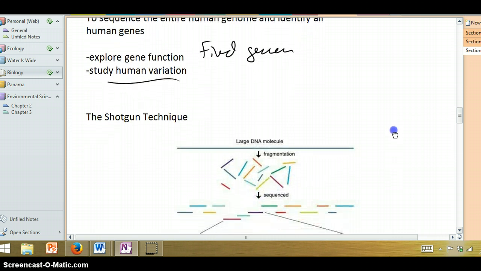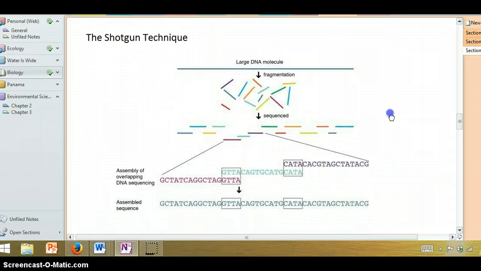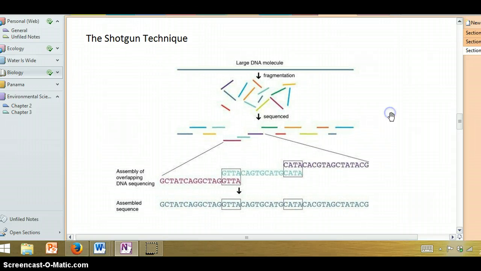What developed, and this is mentioned in your book, is known as the shotgun technique. You take one big piece of DNA, say from a whole chromosome, and you cut it up into pieces. You separate those pieces, and then you sequence the individual pieces.